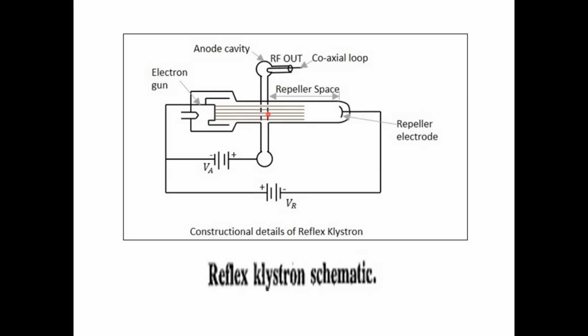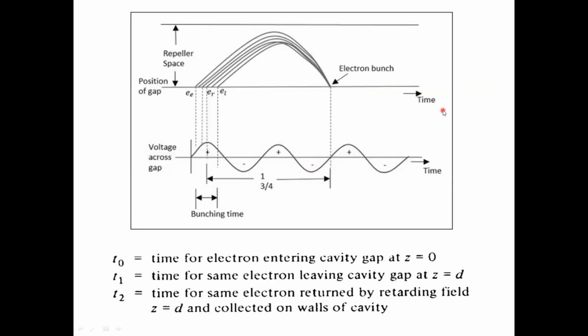Similarly, the gap between the cavity and the repeller electrode is simply called the repeller space. With respect to the repeller space, we have to notice the Applegate diagram with respect to the timing constraint. That's why on the x-axis I am taking time, and on the y-axis the amplitude, or simply the repeller space.